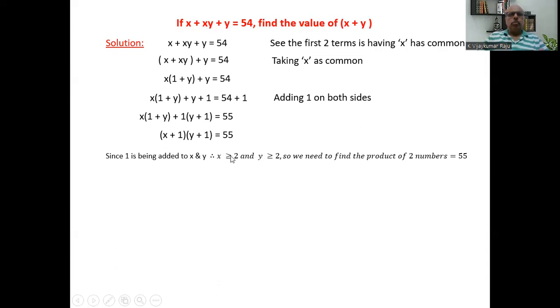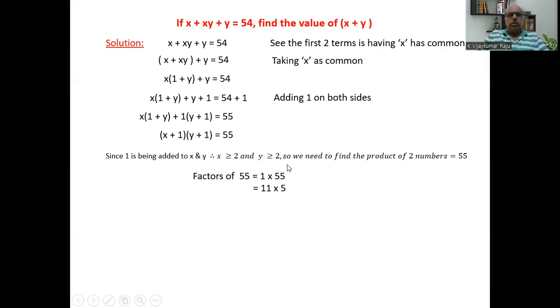So let us see what the possibilities are. Let's find the factors of 55. You get 1 into 55, or 11 into 5, which is 55. If we take 1, that means one of the values of x should be 1, but the condition is that it should be greater than or equal to 2 only.